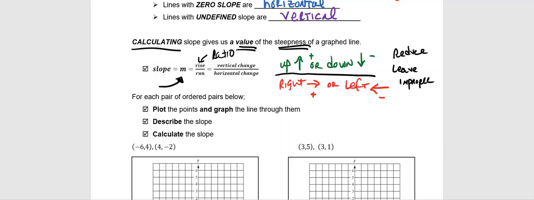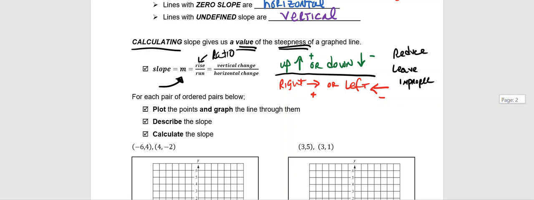Okay? So one more time, slope m is made up of a ratio, rise over run. That rise is the counting of vertical change between 2 points on a graph line, and the run is the horizontal change counting between 2 points on a graph line.